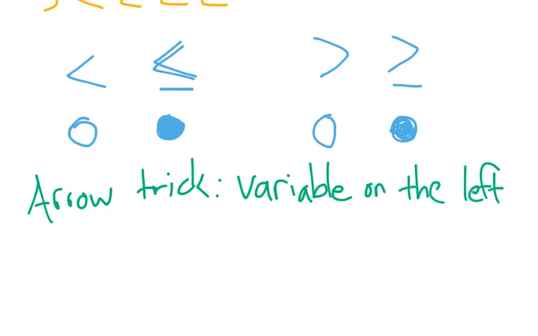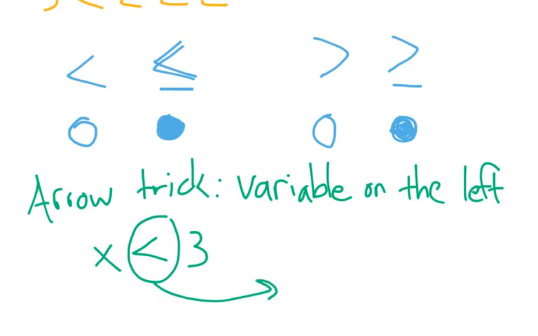Let's say we have x is less than 3. What you can do is make an arrow out of your inequality symbol. So we take less than, and we make a little arrow out of it. That tells us which way the graph is going to go when you graph this on a number line. But again, that only works if the variable is on the left-hand side.